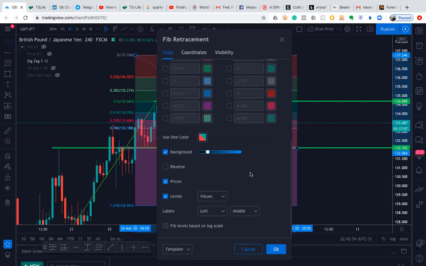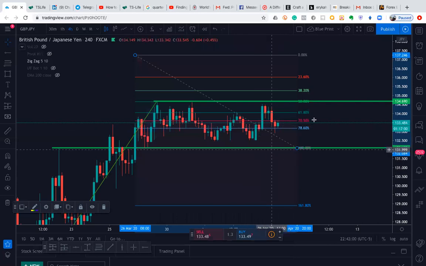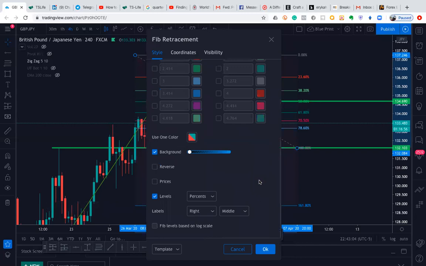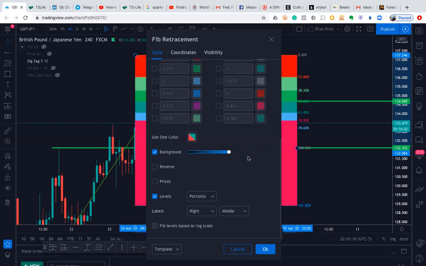And then what I do is the levels, I have it set to percent. I have my background down to little, because I don't want that.